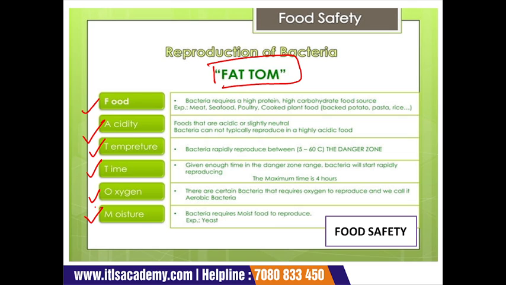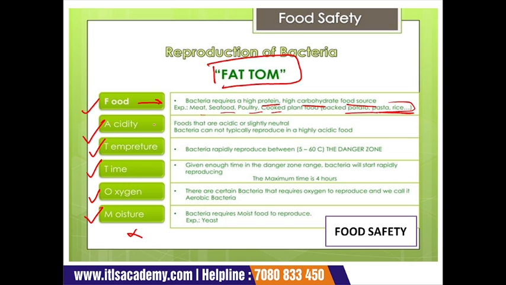If we avoid any one of these, then the reproduction or growth of the bacteria does not take place. Now if we see the food part, bacteria require high protein, high carbohydrate food sources like meat, seafood, poultry, cooked plant food, potato, pasta, rice.